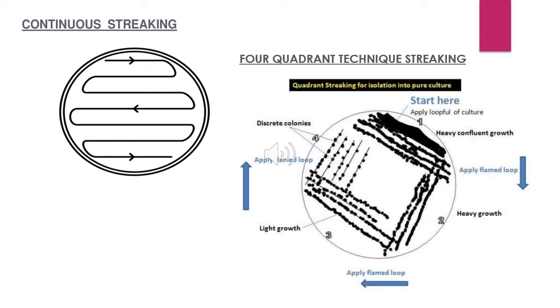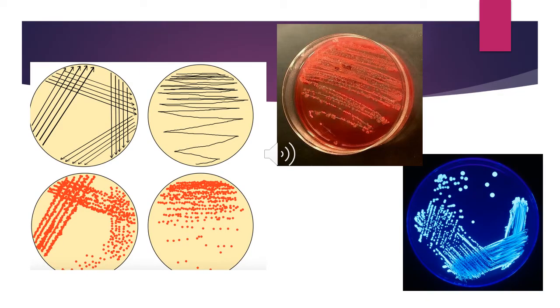The other more common streaking technique to isolate organisms is the four-quadrant technique. This allows to decrease the microbial population for each quadrant until we get pure colonies in the latter portion. This picture will tell you that you have isolated some pure colonies using the continuous streaking and the four quadrant technique.